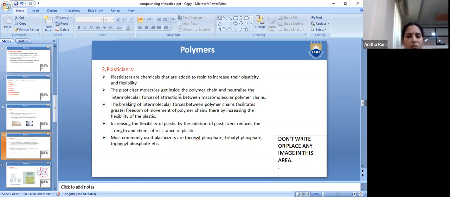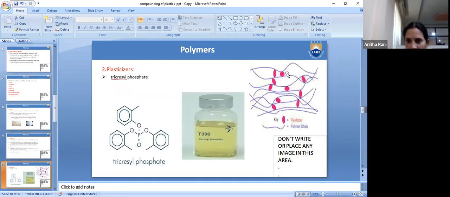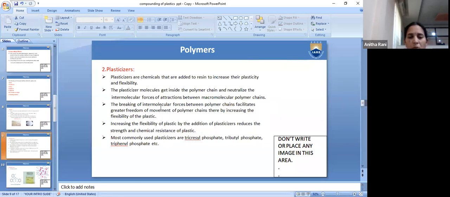There is attraction between polymer chains, so this will neutralize the intermolecular forces of attraction between macromolecular polymer chains. Due to plasticizers, they will go and stay between the polymer chains. They will occupy the space between the two polymer chains, you can see. So the breaking of intermolecular force.